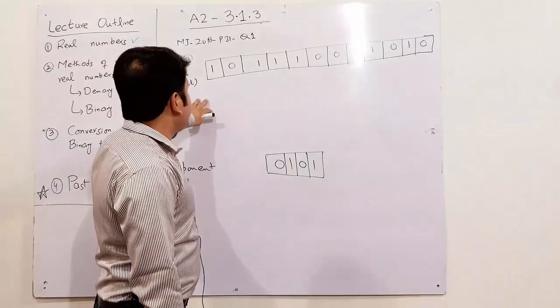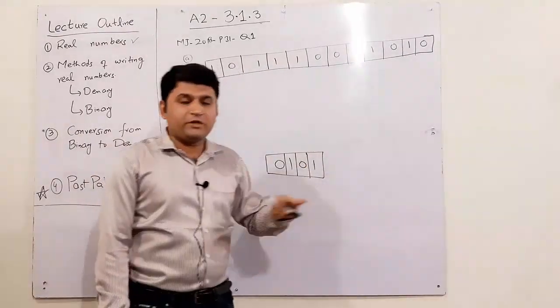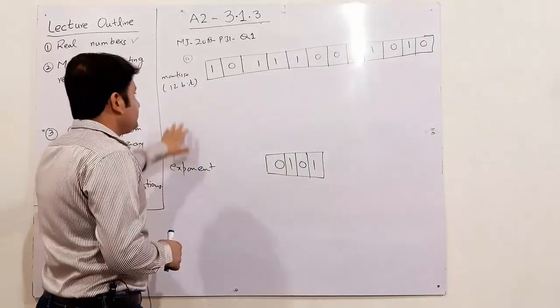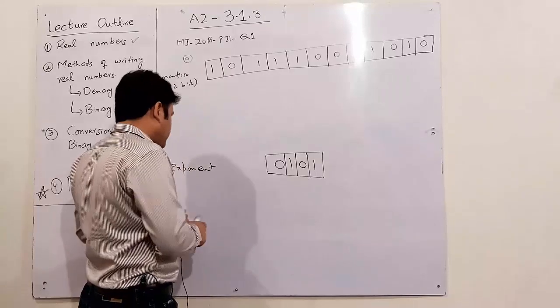Okay, so now we'll be getting on to our next example, that is from May June 18, P31, question 1. Over here the Mantissa is of 12 bits, whereas the exponent is of 4 bits.